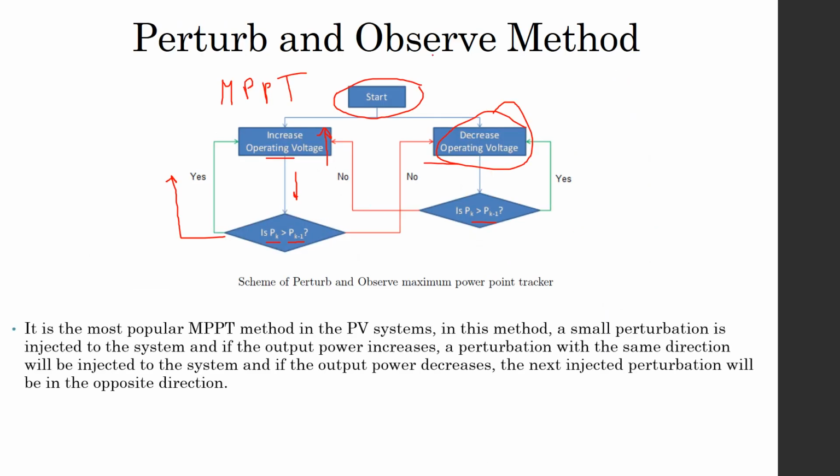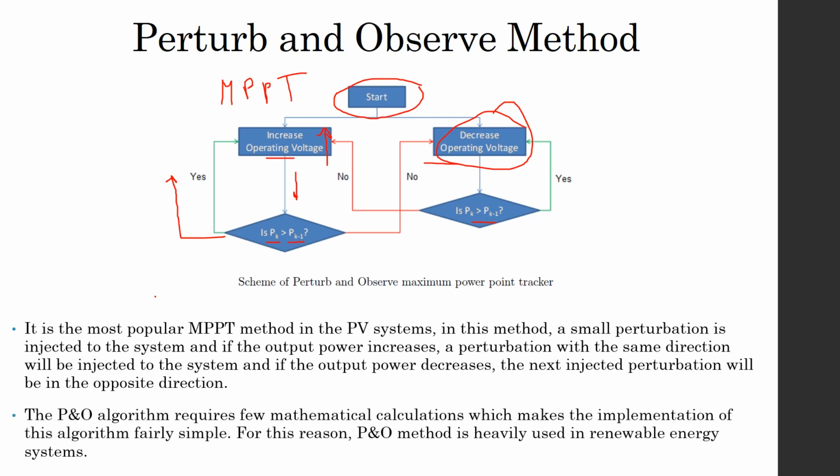This technique is very simple, as you see in this figure. It is one of the most popular maximum power point tracking methods in PV systems. A small perturbation is injected into the system, and if the output power increases, we do another increase in the voltage, and if the power decreases, we do the reverse, as we have explained in the picture.